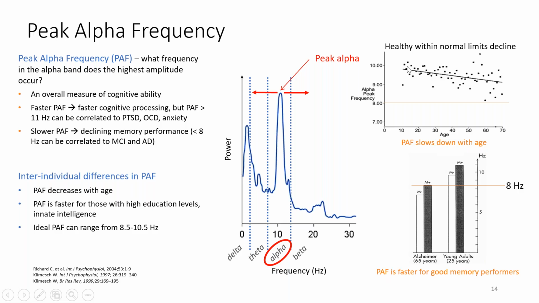Typically, the average adult is somewhere near 10 hertz. And you can see as normal aging takes place, it's a slow decline from say 10 hertz, maybe down to 9 hertz. But none of the normal patients really dipped into the troubling zone, which is below 8 hertz. But when you have a patient who has a decline and they're coming in at 6.5, they have dementia.